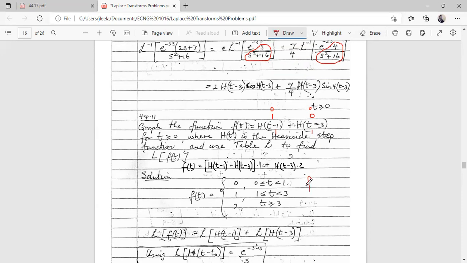Right, this region is f1 of t. This second region here is f2 of t. So to write the entire function, you write it as the difference of Heaviside functions.